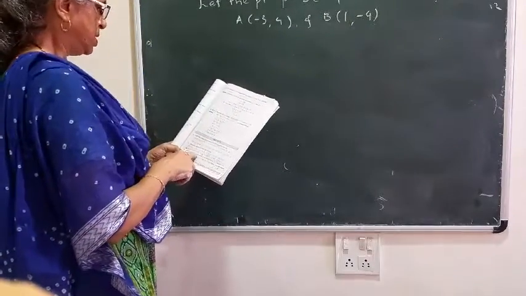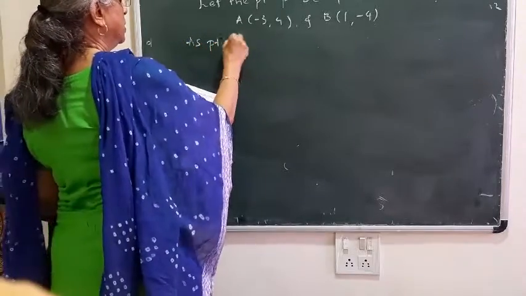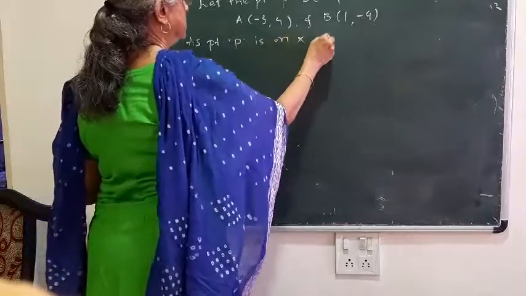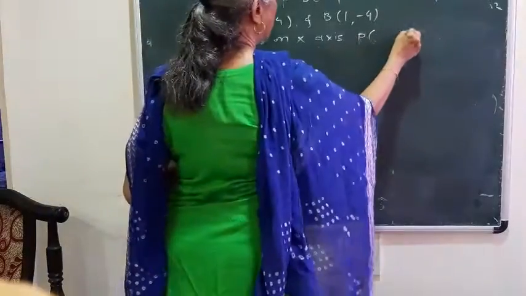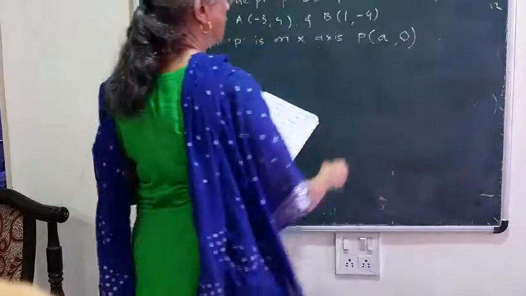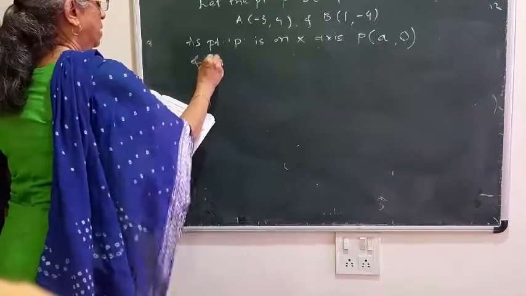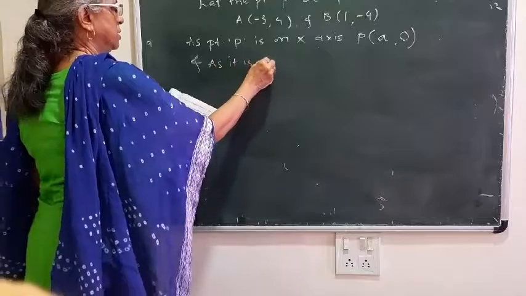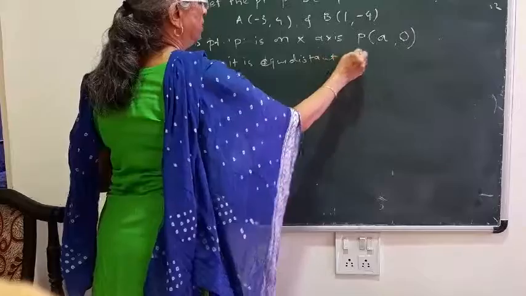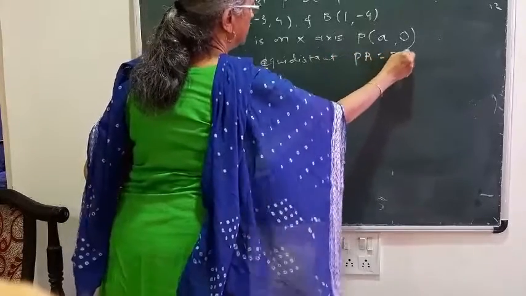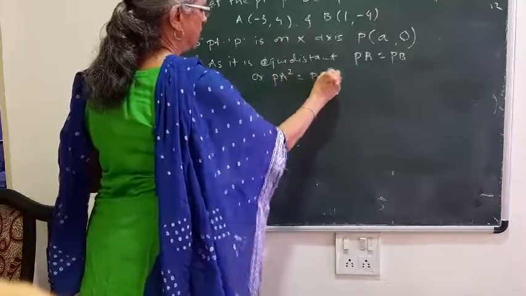As this point P is on x-axis, coordinates of P will be: y coordinate will be 0 and we are going to consider x coordinate as a, that we do not know, that we are going to find out. And as it is equidistant, PA equal to PB, or we may have PA square equal to PB square.